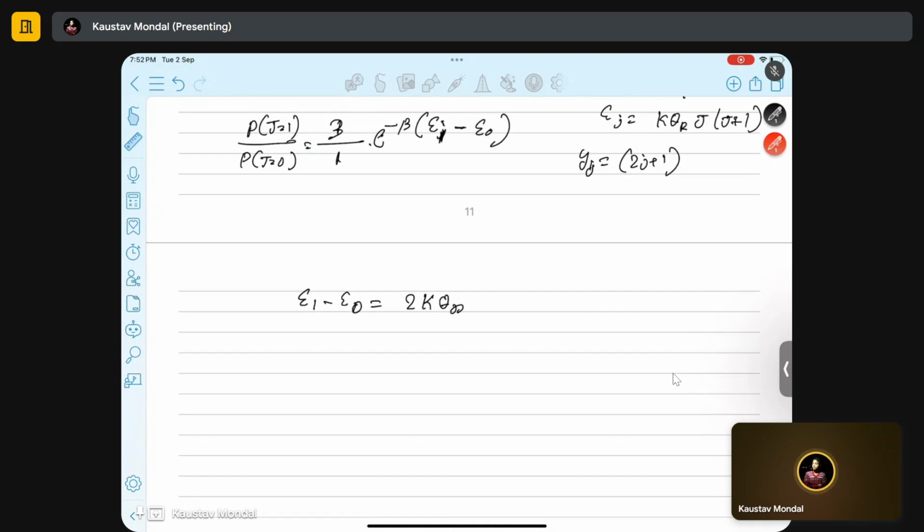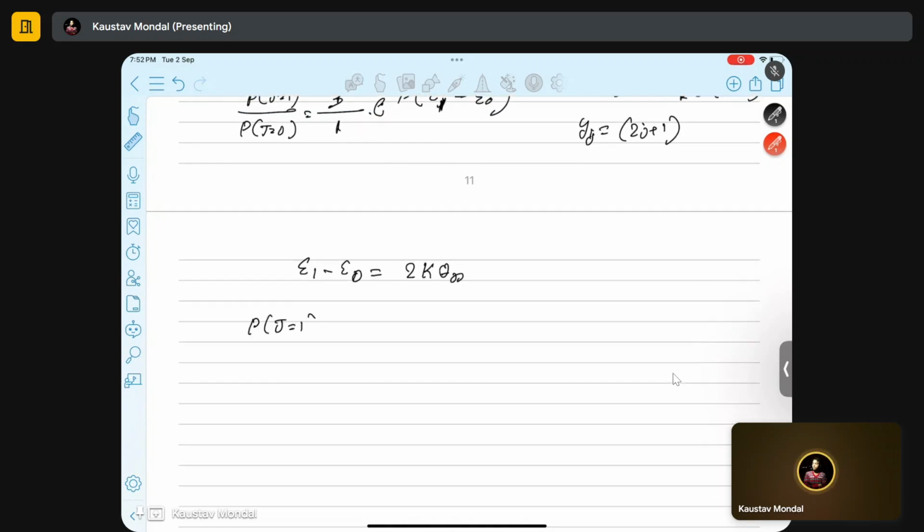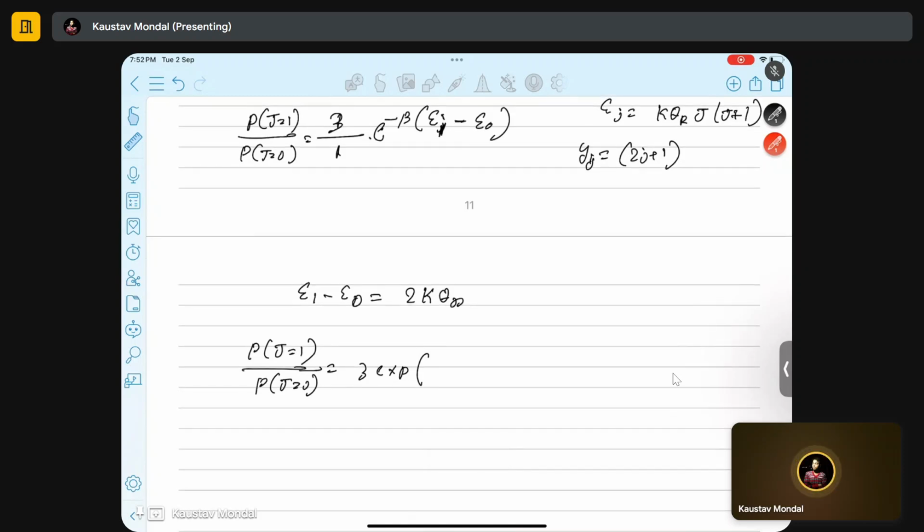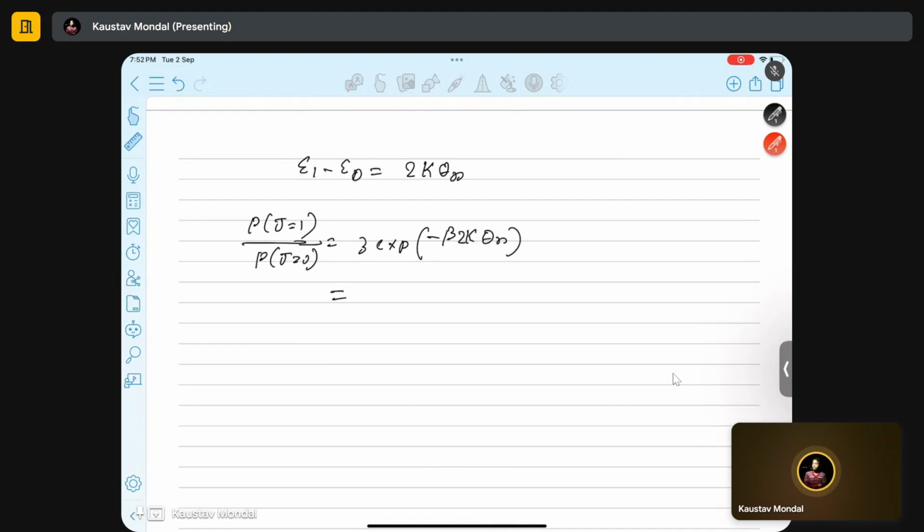So that means you can write P_(J=1) by P_(J=0) like this: 3 into exponential to the power minus beta times 2k theta_r. So beta k will get cancelled, so exponential of minus 2 theta_r by T. So this would be the expression of the population.